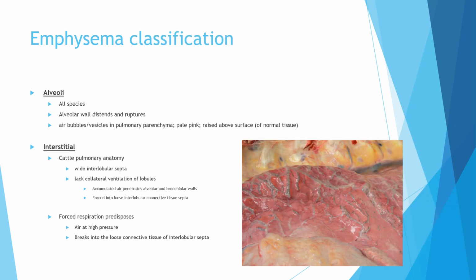It's important to understand the classification of emphysema. You get two different types, alveolar emphysema and interstitial emphysema, and these classifications are based on the localization of the emphysema within the lung.